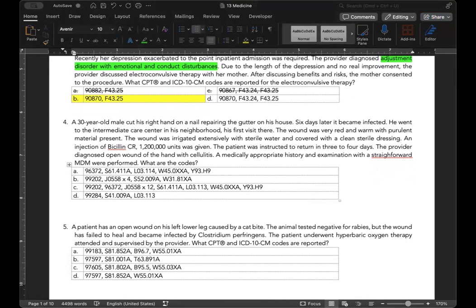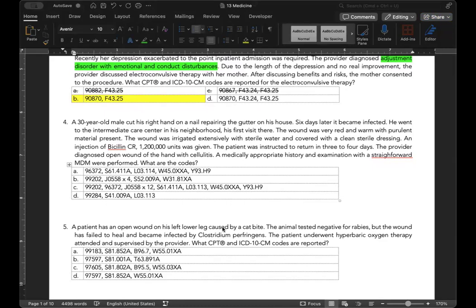An injection of Bacillin CR 1.2 million units was given. The patient was instructed to return in 3 to 4 days, and the provider diagnosed the open wound of the hand with cellulitis. There was a medically appropriate history and exam with a straightforward MDM present or performed.